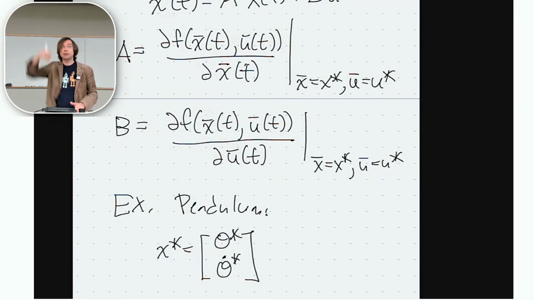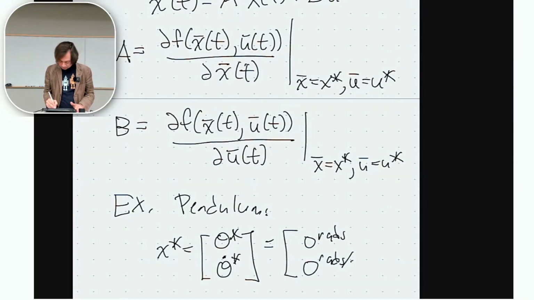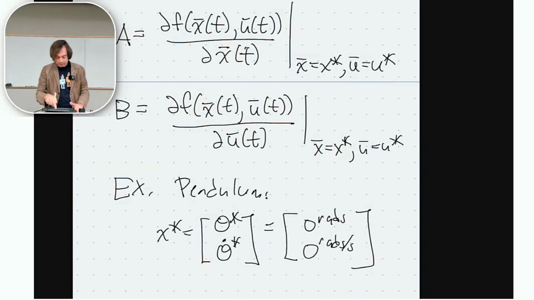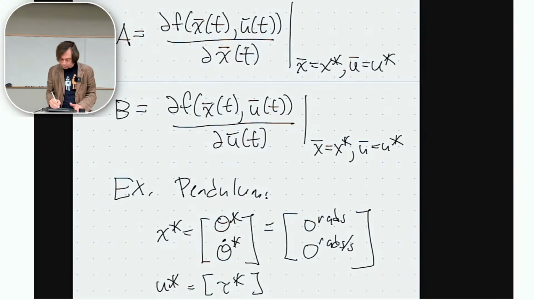We'll have the down position, and that's the angle equal to 0. That's going to be 0 radians and 0 radians per second. And our u star, which is our tau star, our input torque, is going to be just 0 newton meters. Okay?